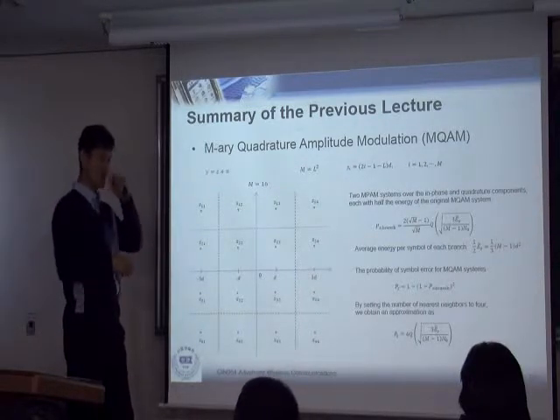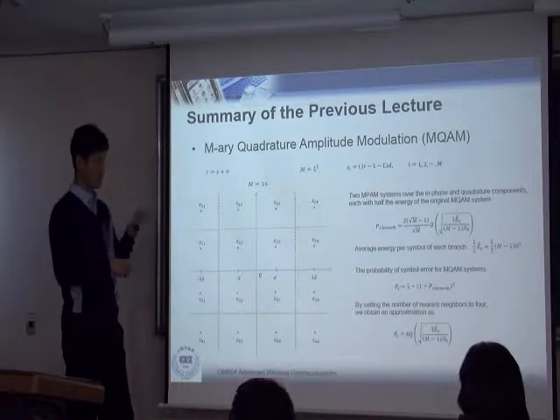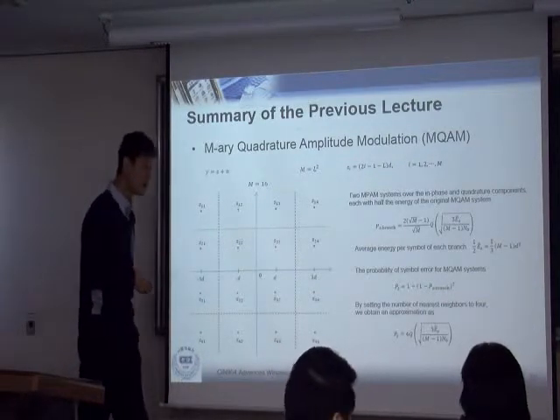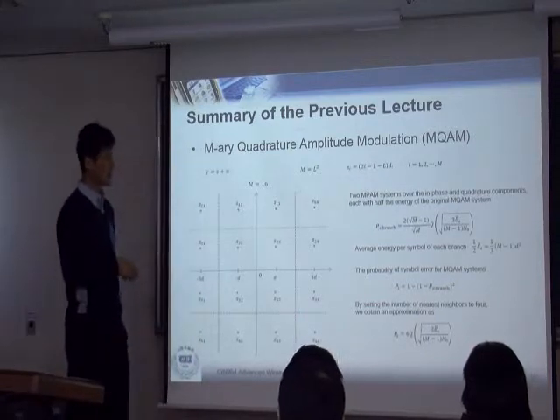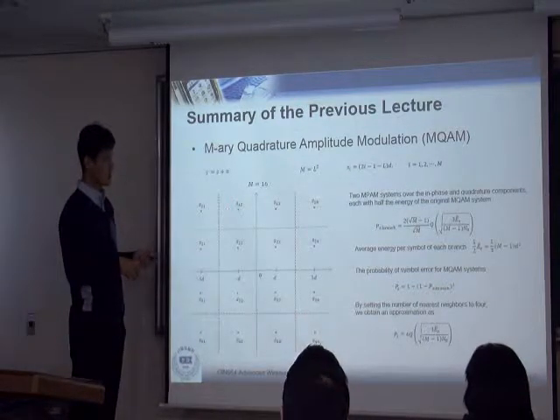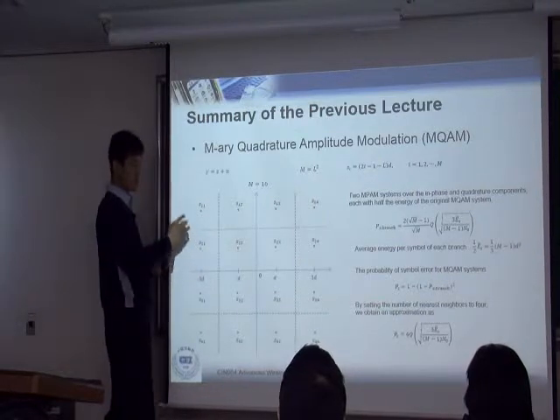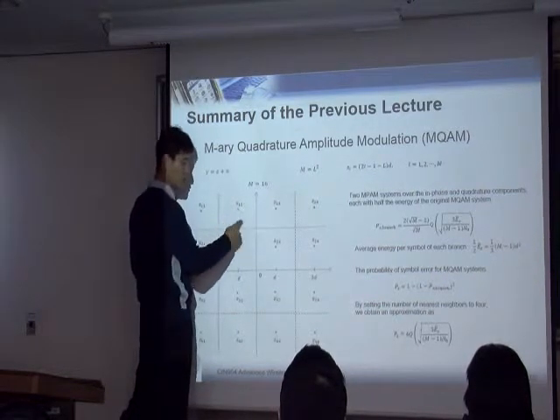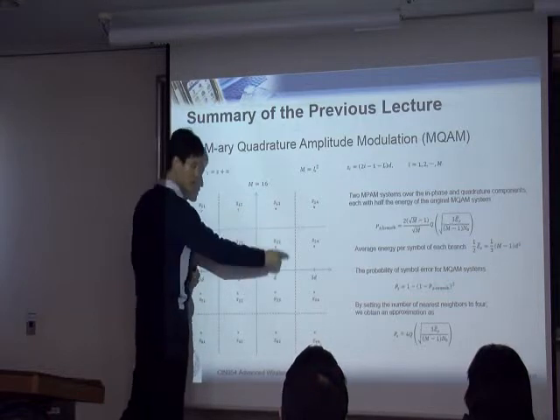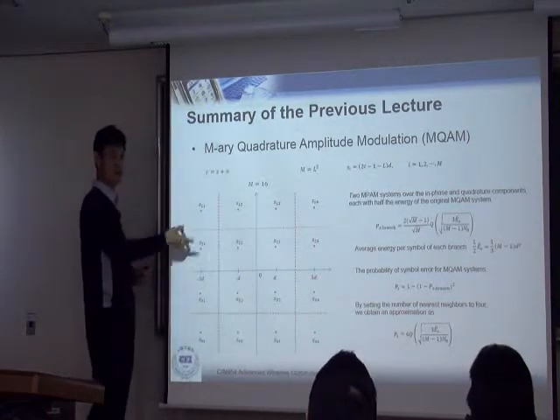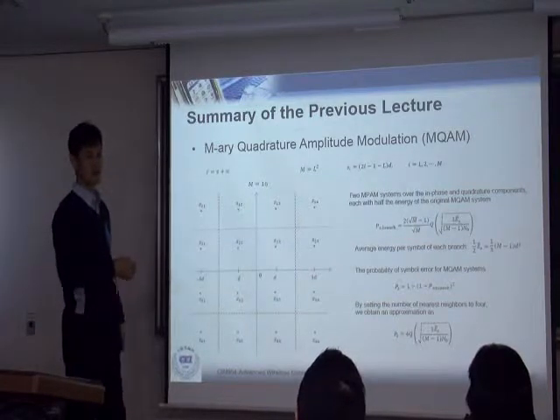You have to think about some expense. The trade-off. Yeah, but when you compare QPSK with this, now think about QPSK. QPSK's 4 symbols are on the unit circle. What does that mean?